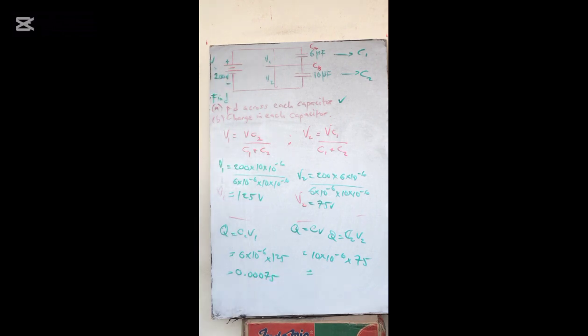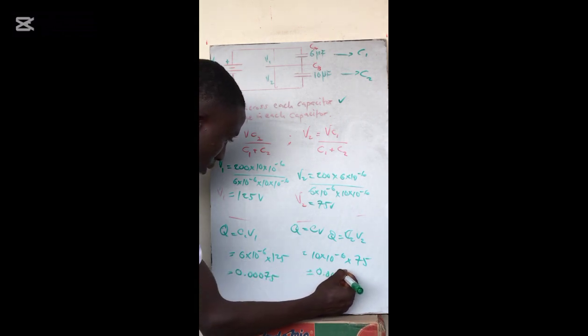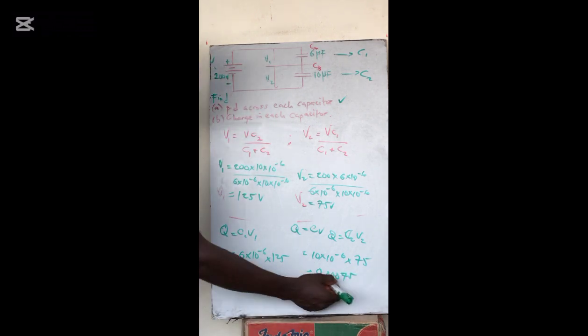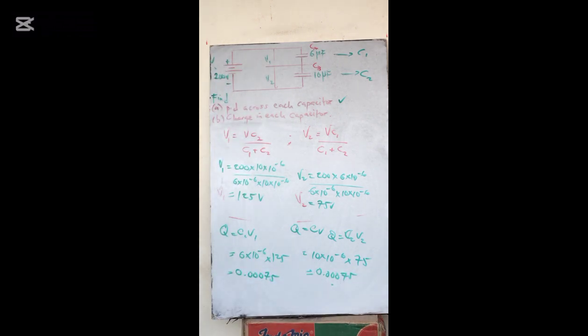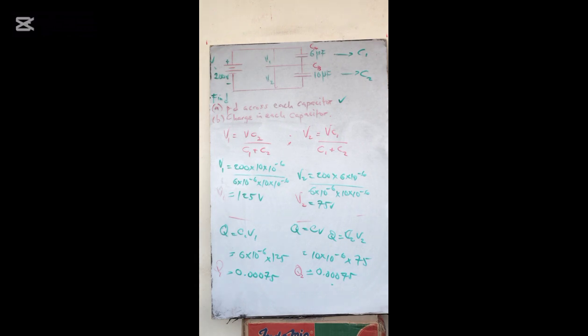So you are also going to be having 0.00075. So that is the charge in each capacitor. Let me just name it charge on capacitor 1 and charge on capacitor 2. But they are still the same thing. You can see they are equal.